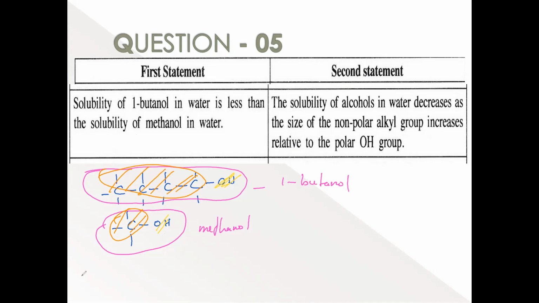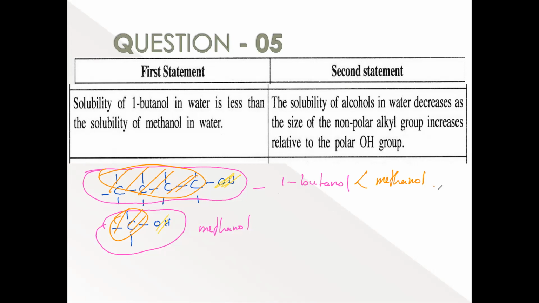This is the non-polar group. The size is increasing, the molecular surface area is increasing, the non-polar alkyl part is increasing, so the solubility will decrease. So what they tell is true. The solubility of butanol is less than methanol.